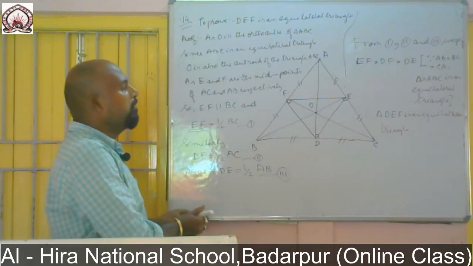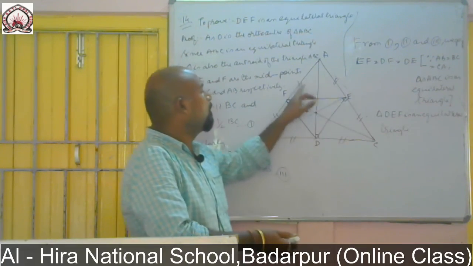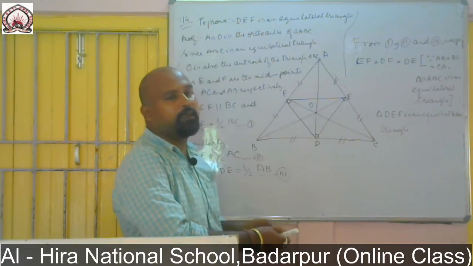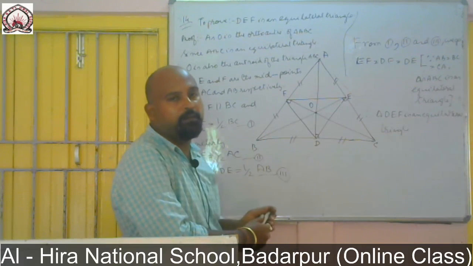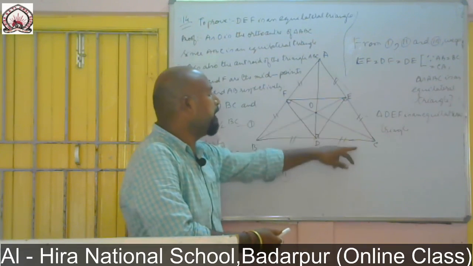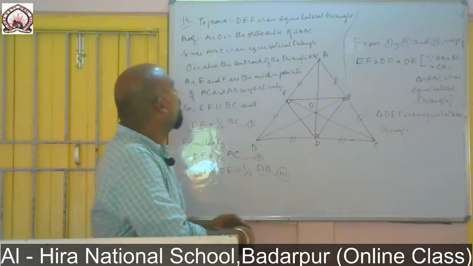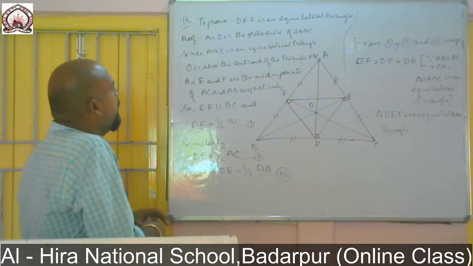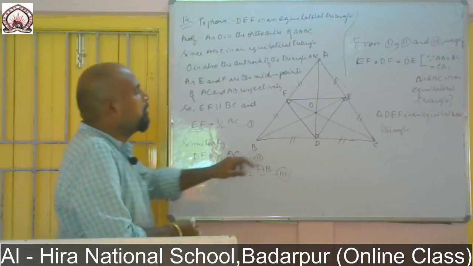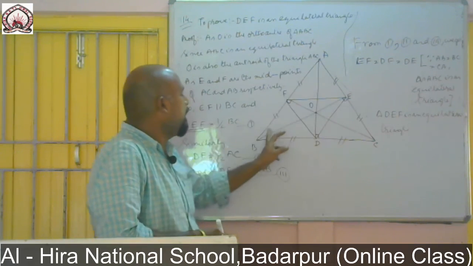Now if these lengths are equal, then E and F are the midpoints of the sides AC and AB.